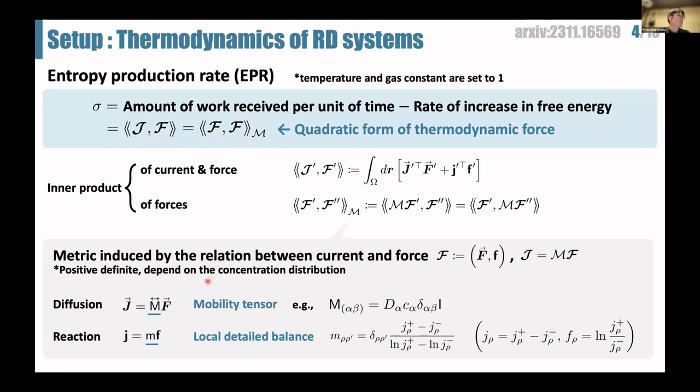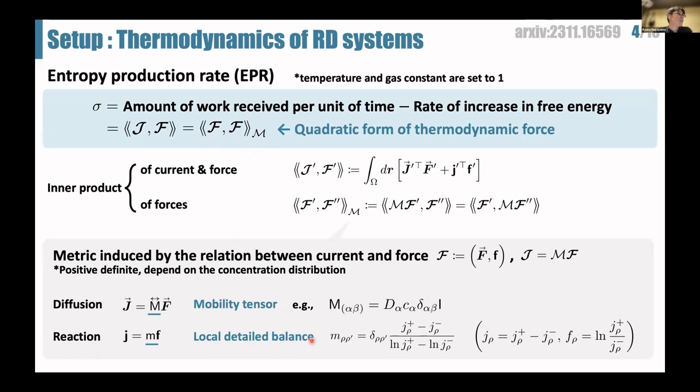In general, we can see the linear relation between diffusion current and diffusion force with positive finite mobility tensor. For example, in the simple case, we can obtain this tensor in such a very simple form. However, we consider a more general case. In addition, we can construct the linear relation even far from steady state for the reaction part based on the local detailed balance condition.